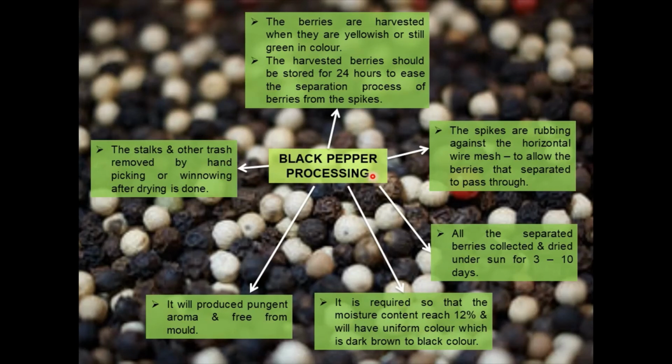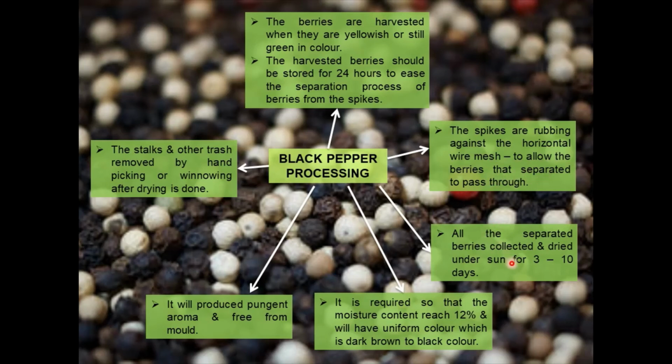Black pepper processing. The berries are harvested when they are yellowish or still green in color. The harvested berries should be stored for 24 hours to ease the separation of berries from the spike. The spikes are rubbed against a horizontal wire mesh to allow the separated berries to pass through.